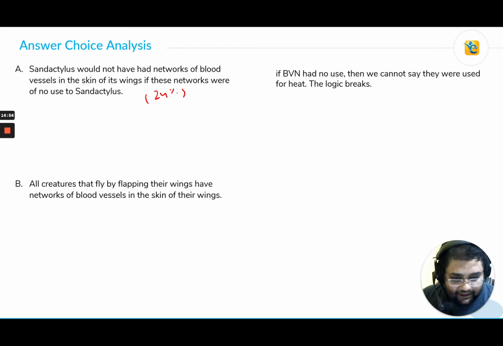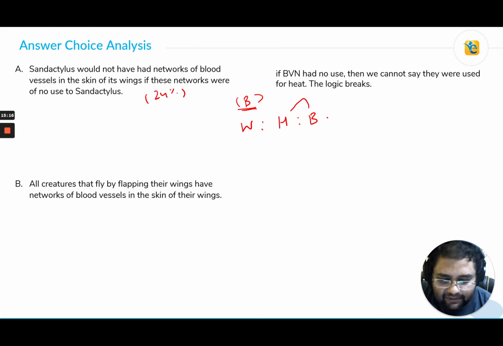Why does it work? Again, it's because of the logic that is being used by the author. Remember, the author's logic is the mechanism that's being used for bats, applied exactly the same way to Sandactylus. In other words, in bats, the wings get flapped. This leads to heat generation. To dissipate this heat, you have blood vessels, and the purpose of these blood vessels therefore is to dissipate heat.